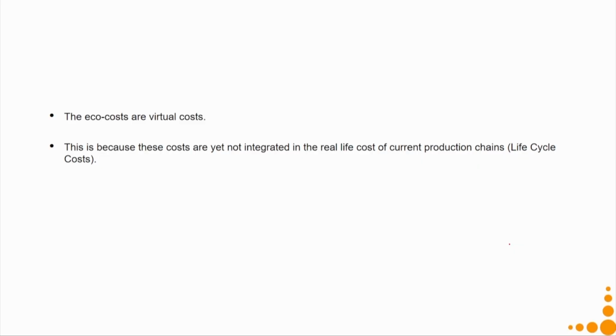So eco costs are right now virtual costs. This is because these costs are not yet integrated in the real life cost of current production chains, which are the life cycle costs. So the eco costs are the hidden obligations, which right now no manufacturer, no consumer is taking a burden of. They are also sometimes called the external costs.